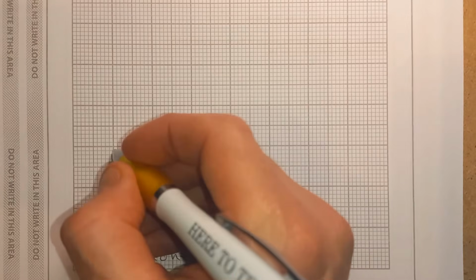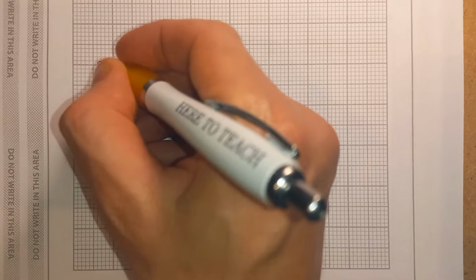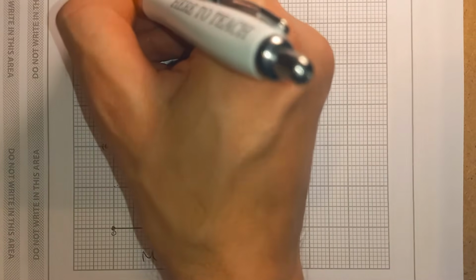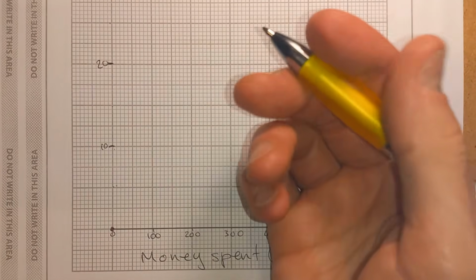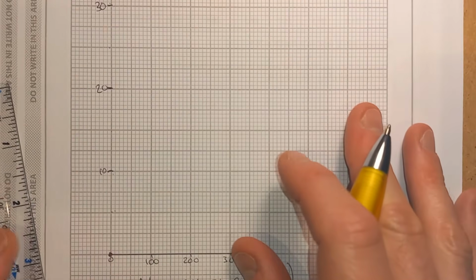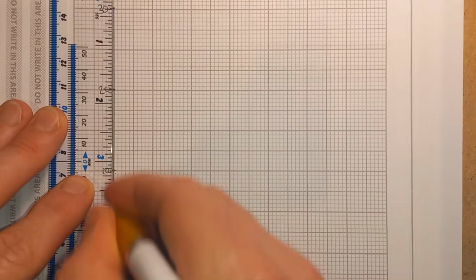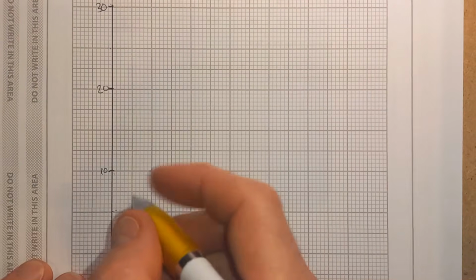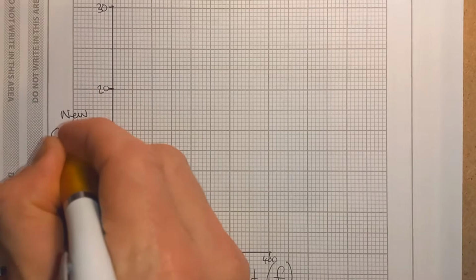So we could say 10, 20, another 2 boxes would take us up to 30. We need to go at least as high as the biggest value, which was 23. So let's move it down to, you can see the 30 up there. And this was new customers.